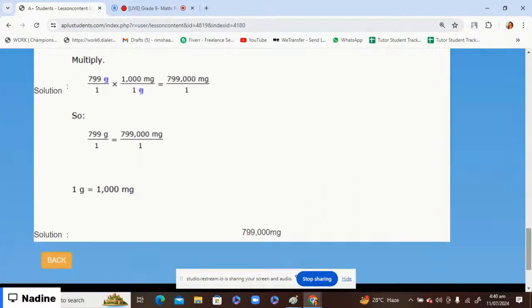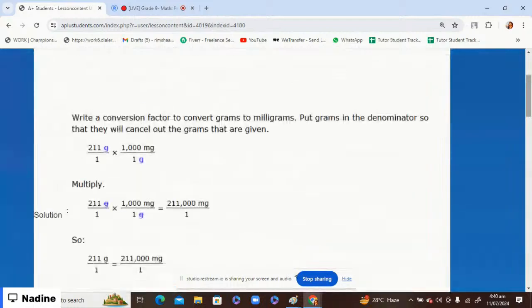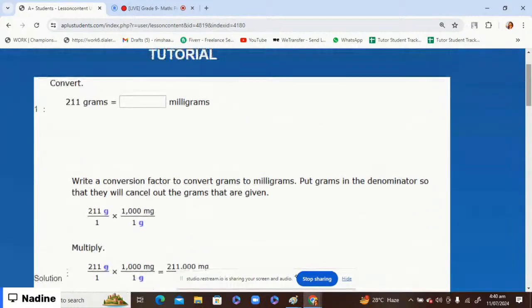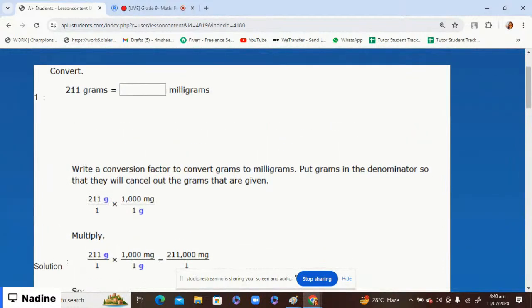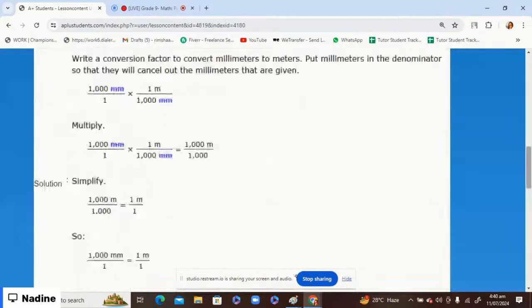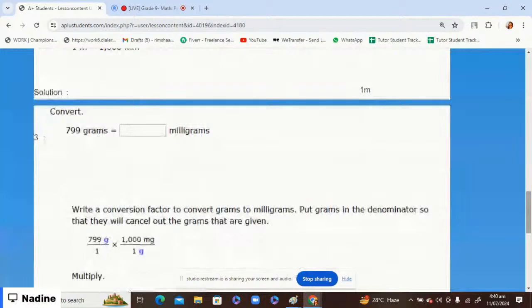Let's check if there is any other thing. Yes, it's only grams to milligrams and milligrams to grams as well. As we know, 1 gram is equal to 1000 milligrams, and 1 meter is equal to 100 centimeters.